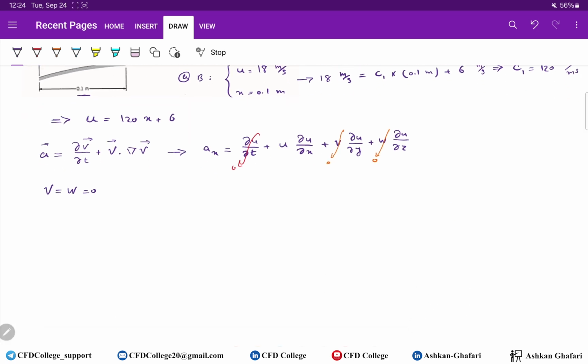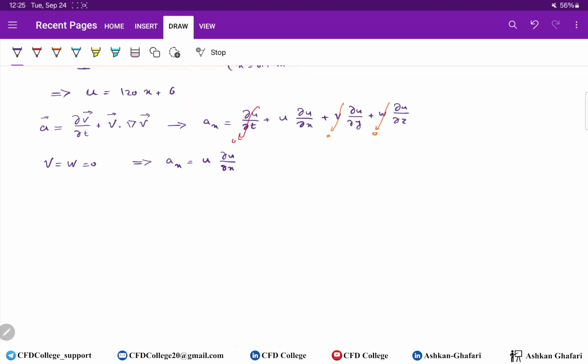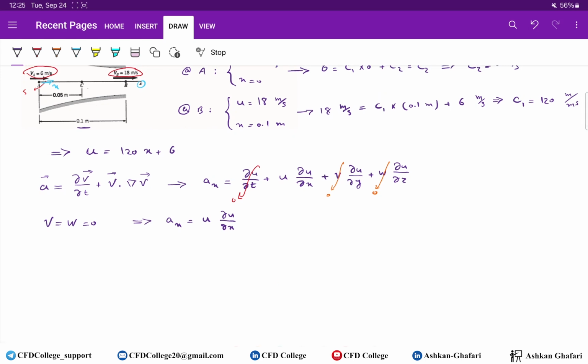So knowing this, we can conclude that ax equals u delta u over delta x. And since the velocity in y and z direction is 0 on this center line, which is a streamline, we don't have any acceleration in those directions.